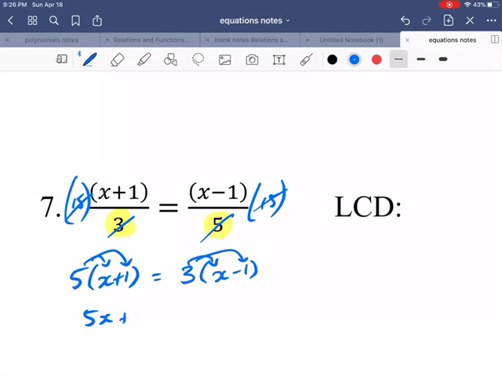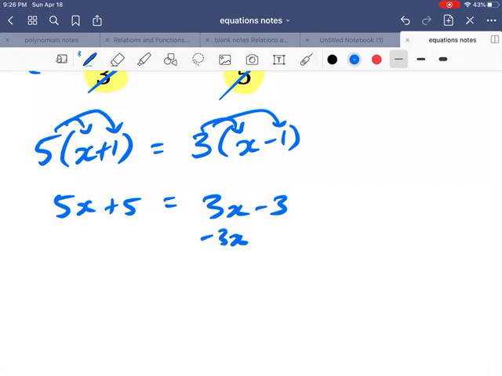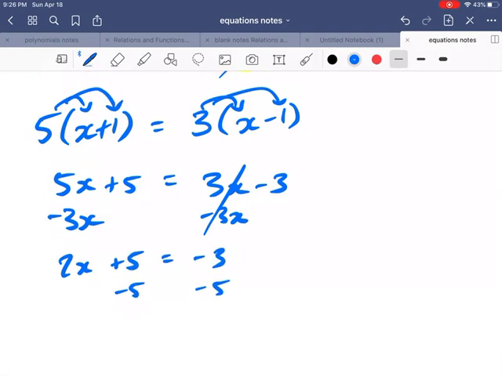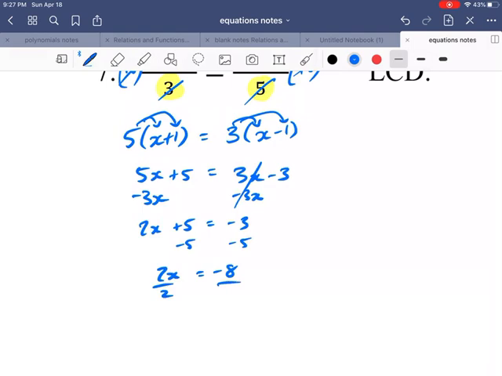And you get 5x plus 5 is equal to 3x minus 3. 3x is less than 5x, so let's get rid of that one. And then we have to solve this equation. So subtract 5, and you get 2x equals negative 8. Divide by 2, and x equals negative 4.